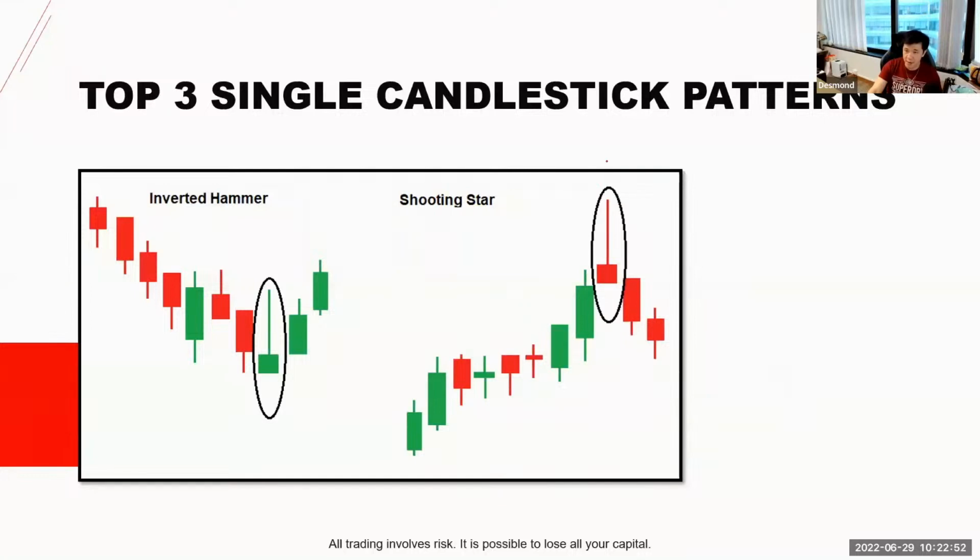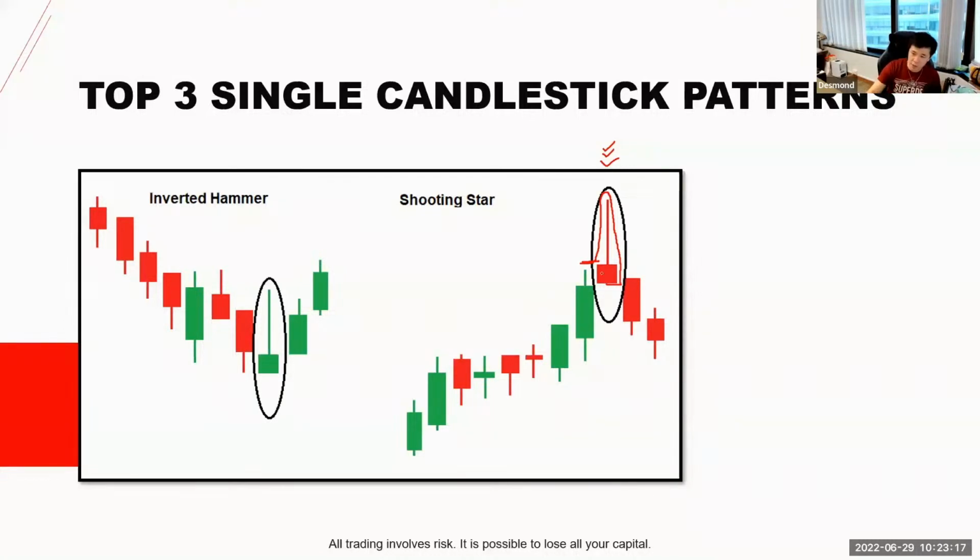A single shooting star candlestick formation has 3 ticks for me. It's one of the best. The reason is because you can see it over here. Price opens, the bulls push it all the way up, the bears take over and push it all the way down, not only back to the entry but even slightly beyond the entry, right to the closing price.